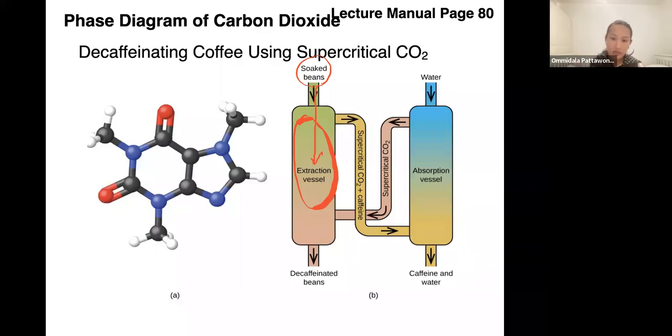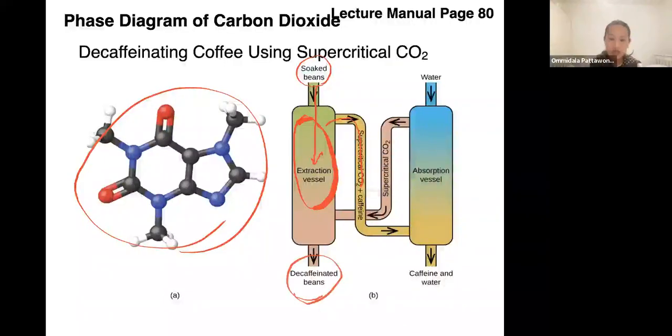The gas property allows the supercritical carbon dioxide to pass through the solid coffee bean. As it passes through, it also dissolves the caffeine molecules from the coffee bean. So it flushes out the caffeine and carries it with it, leaving the coffee beans decaffeinated.